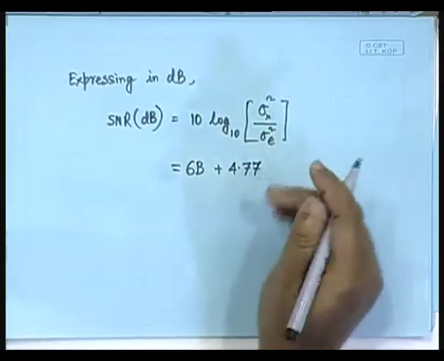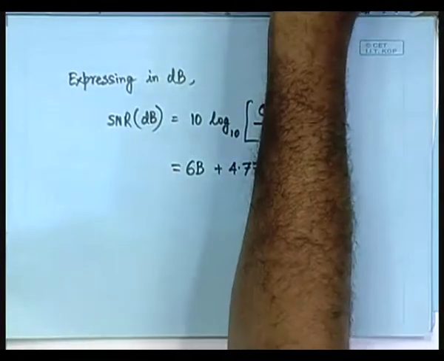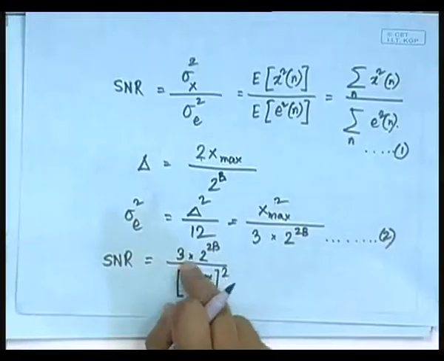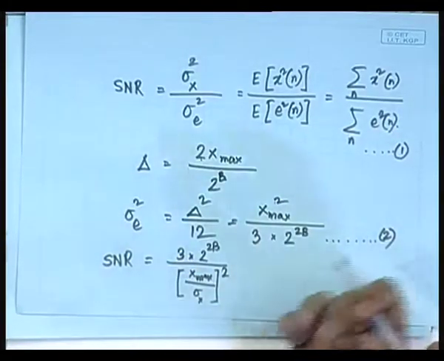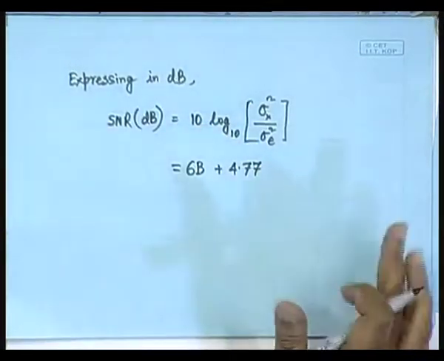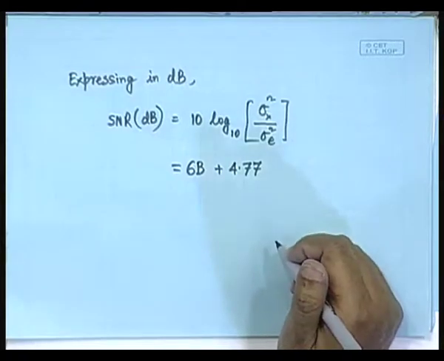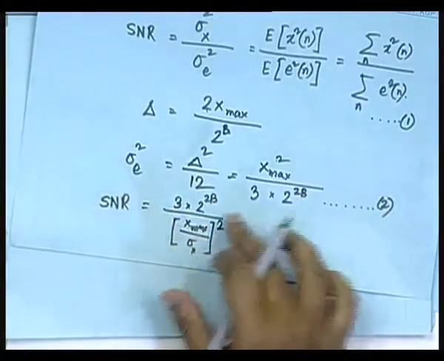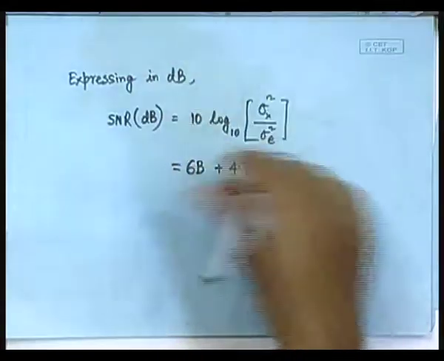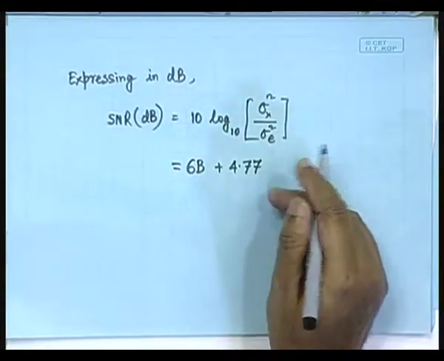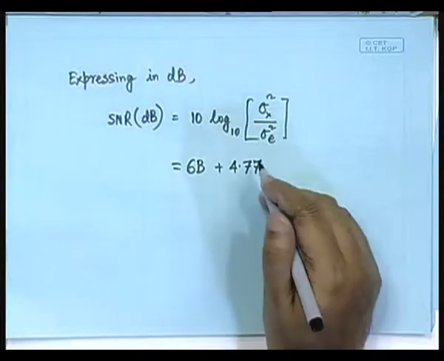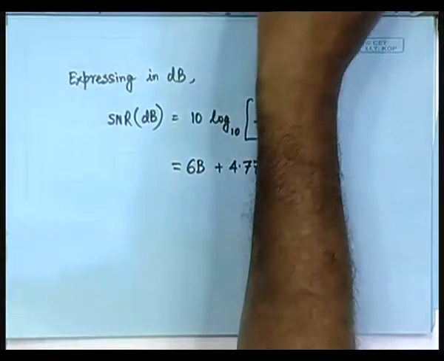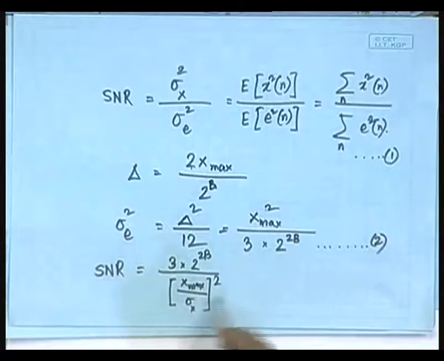4.77. The 4.77 is coming, you can well understand that there is a 3 over here, log of 3 to the base 10 happens to be 0.477, and then everything gets multiplied by 10. So, that is why you get 4.77 as the term arising out of that isolated 3. 2 to the power 2b is the one that is ultimately contributing to this 6b quantity, and then the x max by sigma x term is left over at the denominator of this signal to noise ratio expression.